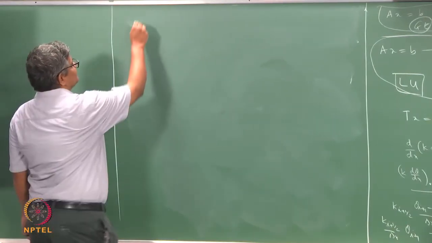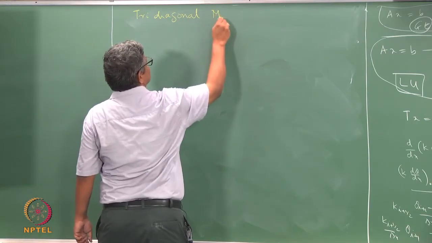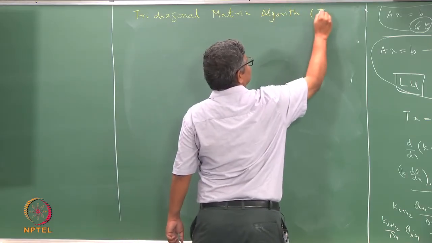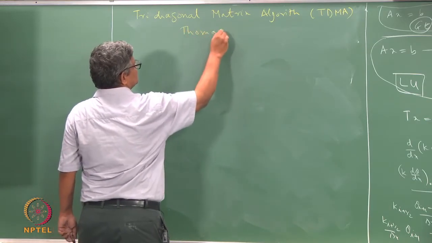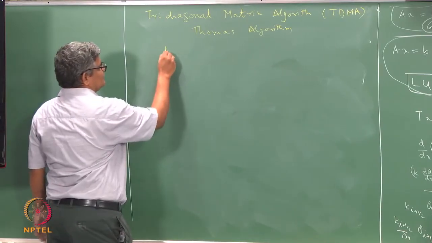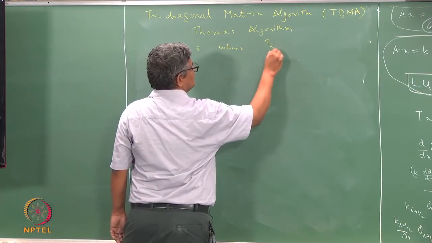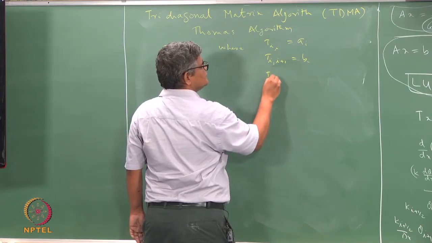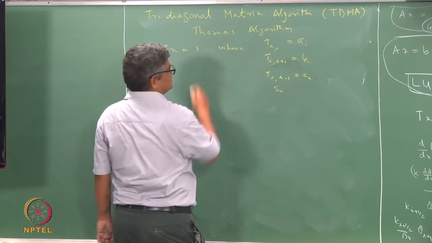Okay, I am continuing. The tridiagonal matrix algorithm, known as TDMA, is also known as the Thomas algorithm, for the solution of Tx equal to S, where Tii is Ai, Ti,i+1 is Bi, Ti,i-1 is Ci, and Si is Si.